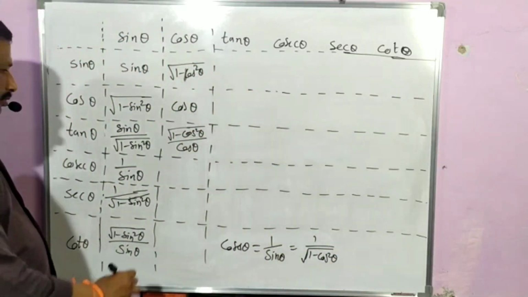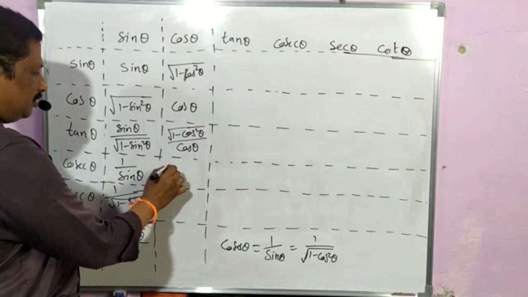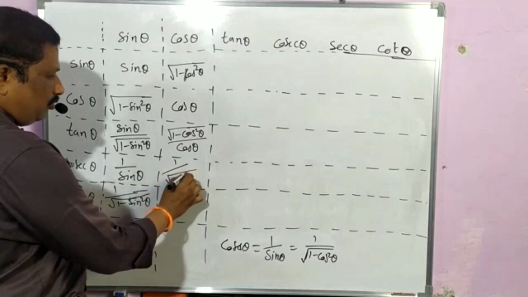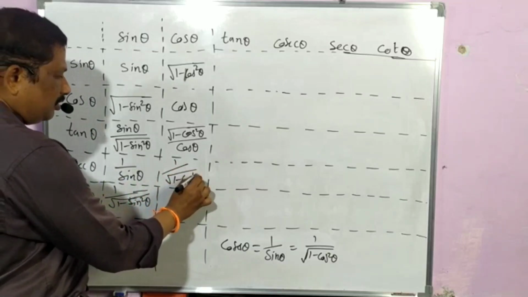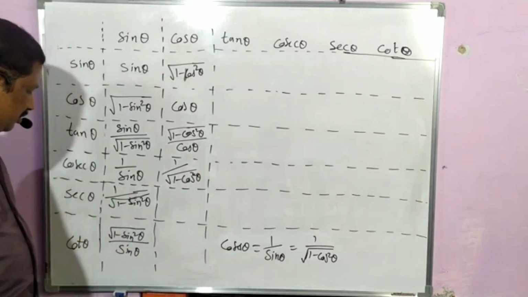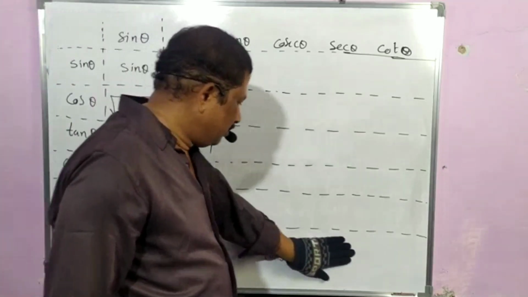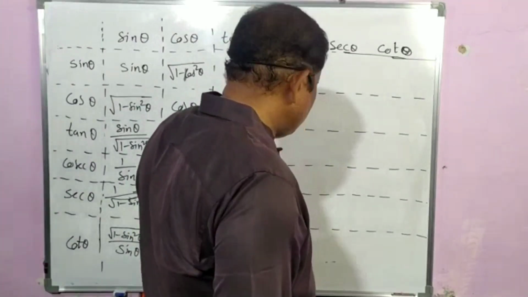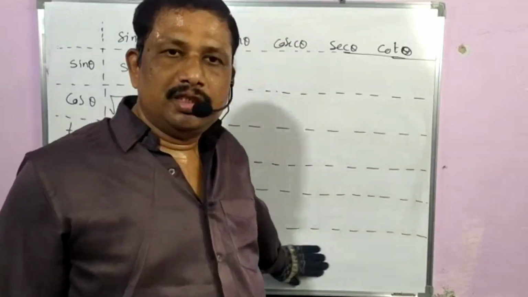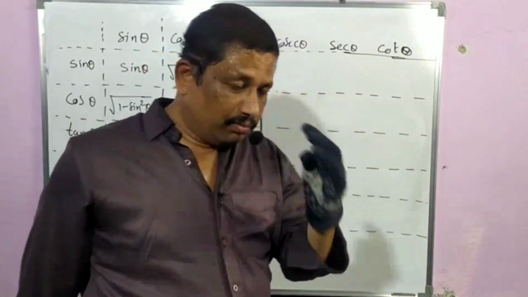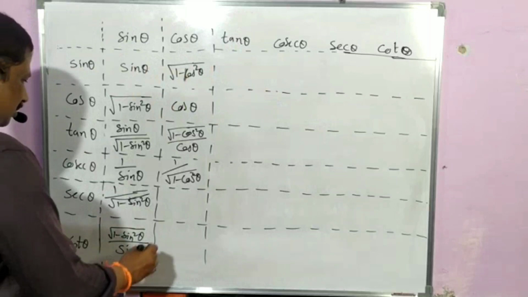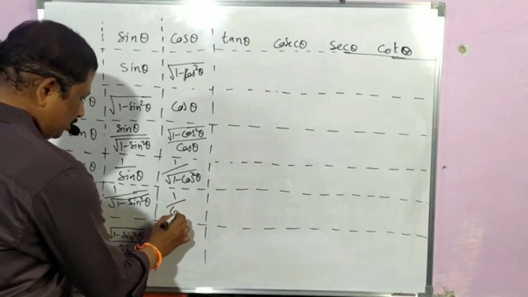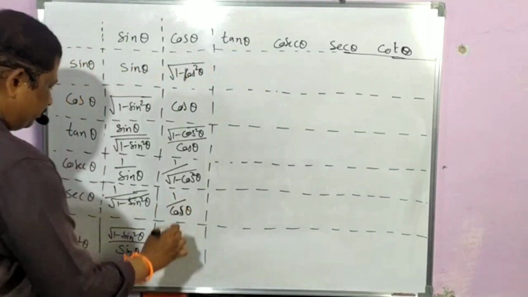So cosecant in terms of cos is 1 by root of 1 minus cos square theta. Okay. Next, secant in terms of cos. Secant is nothing but the reciprocal of cos. So that is 1 by cos theta, directly we can write.